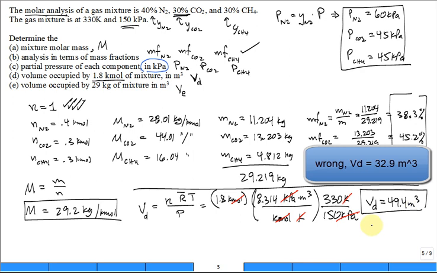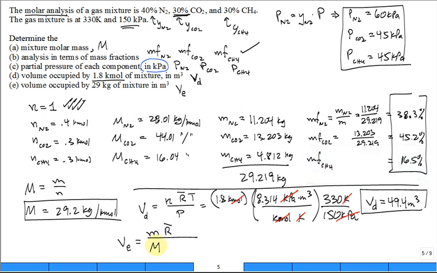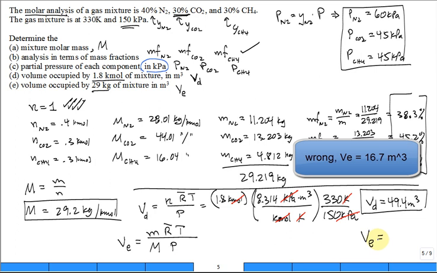How about for the last part, part E? Well, you can use the same type of equation, but we're given the mass. Well, to convert back and forth, divide by the molar mass. And so when you do that with the mass of 29 kilograms, the volume for the last part E is 27.2 meters cubed.